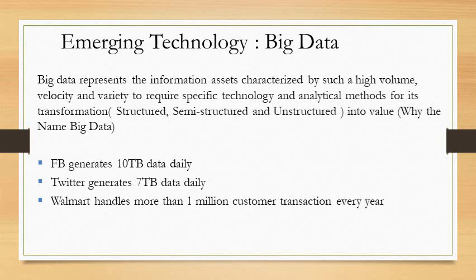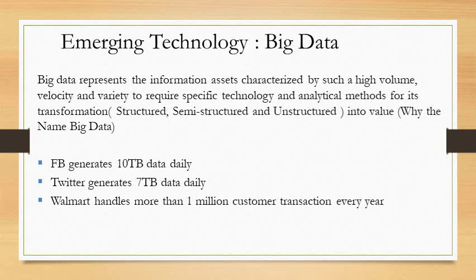Why the name big data? With some examples I have tried to bring out this fact. Facebook generates 10 TB of data daily. Twitter generates 7 TB of data daily, and Walmart handles more than 1 million customer transactions.